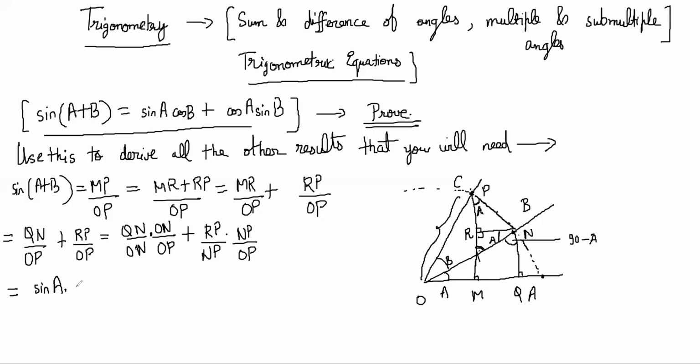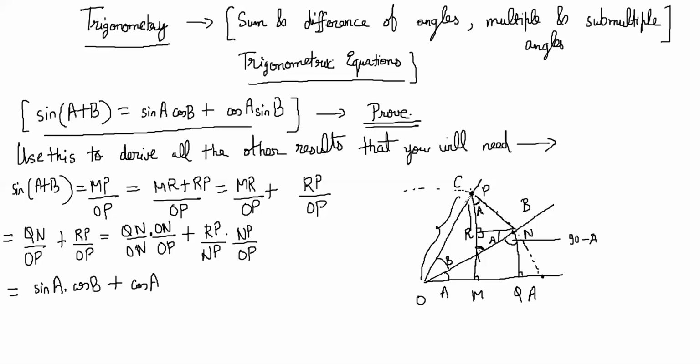So cos of B plus RP by NP. So RP is this, NP is this, right? So base by hypotenuse for angle A here. So that is cos A, and NP by OP.